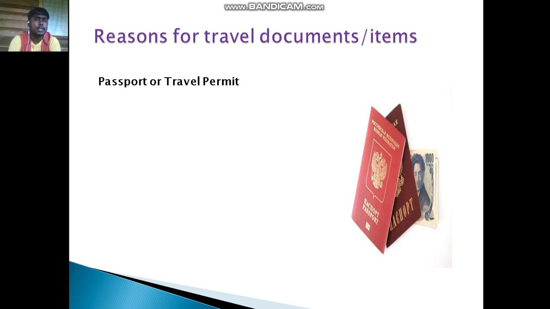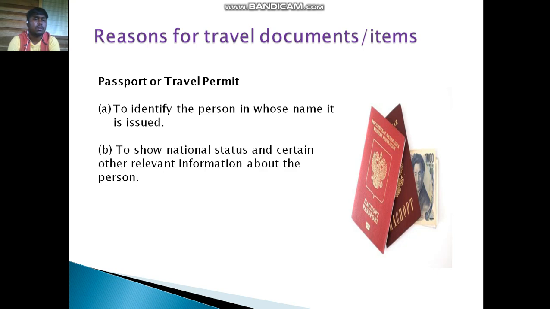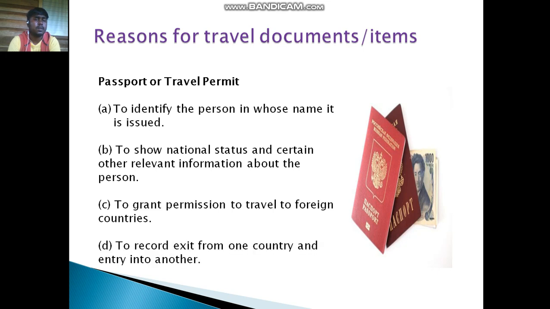Passport or travel permit: to identify the person whose name it is issued, to show national status and certain other relevant information about the person, to grant permission to travel to foreign countries, to record exit from one country and entry into another. So basically the passport is used as an international ID card for the person.